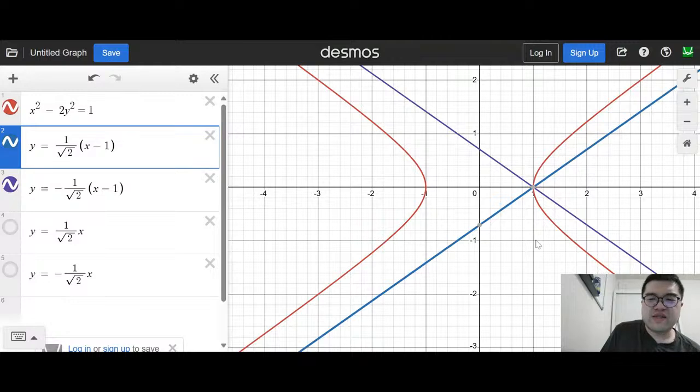Other than the situation of the vertical line, and when m is equal to plus or minus 1 over radical 2, we will actually be able to get a second point, where the x value of that second point will be the following. Now, you might question, how come we actually get two different values?